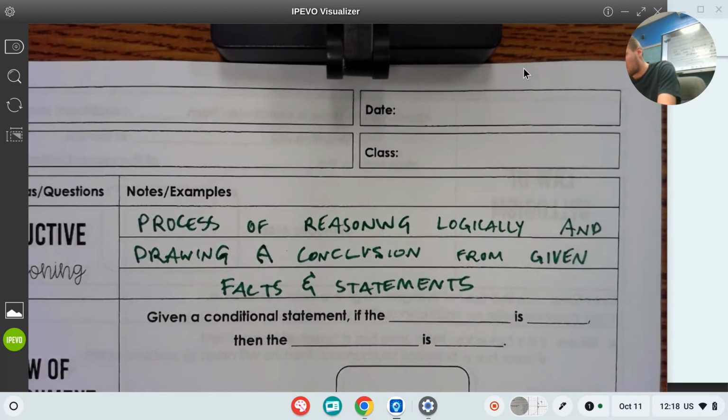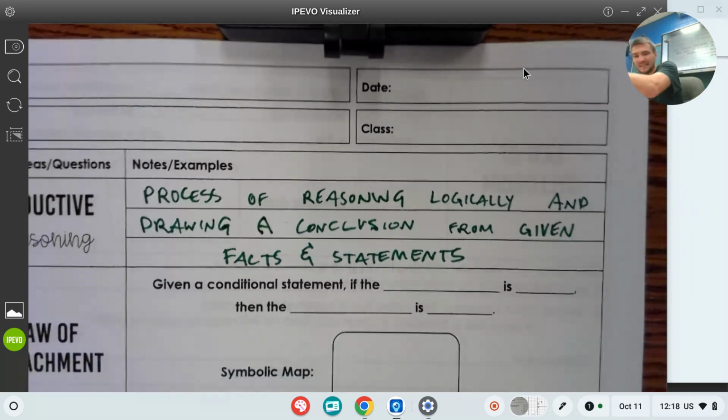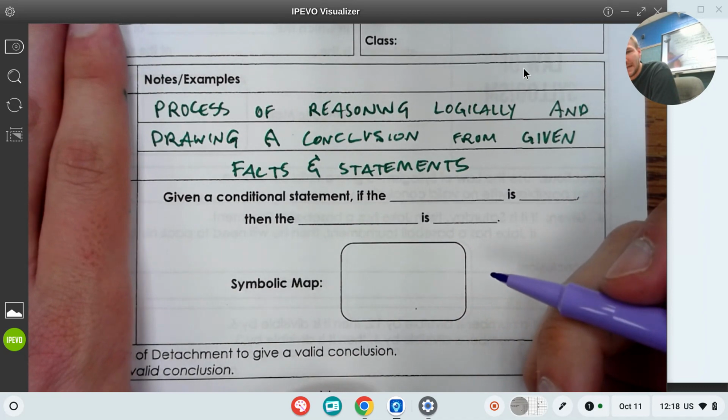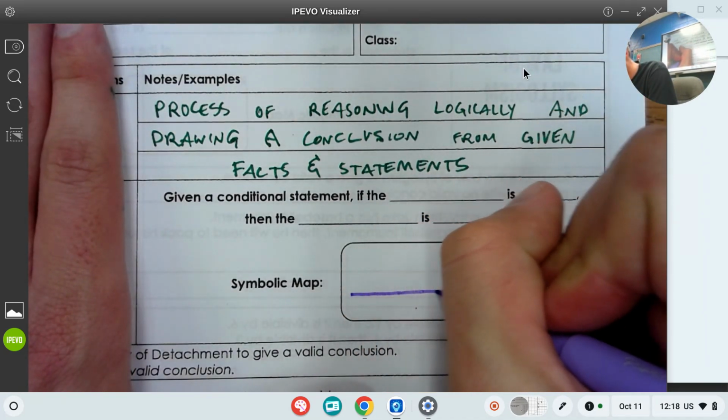So, we're going to get this symbolic map. Okay? And the symbolic map here is almost like a little equation.